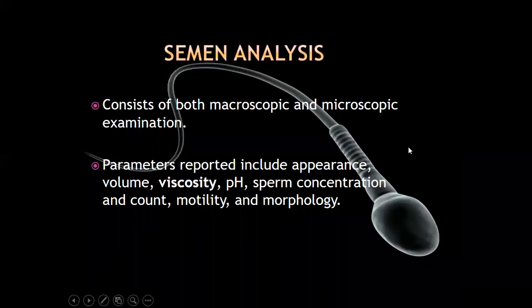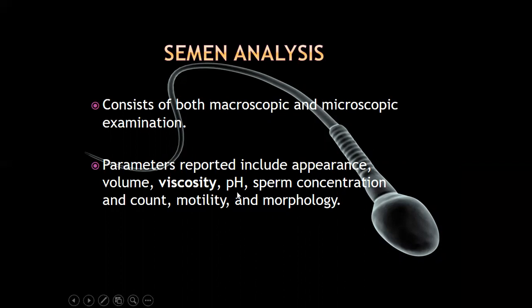So semen analysis is comprised of both macroscopic and microscopic examination. Unlike your urinalysis, which is comprised of three examinations, macro, chemical, and microscopic, your semen analysis is comprised of macroscopic and microscopic examination. So I have mentioned already the different parameters reported.